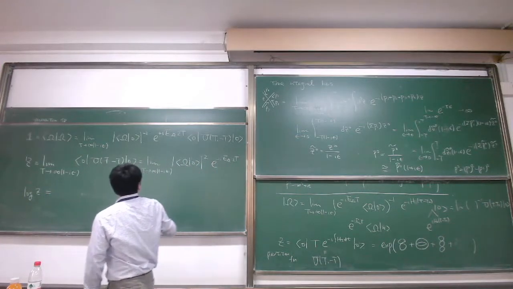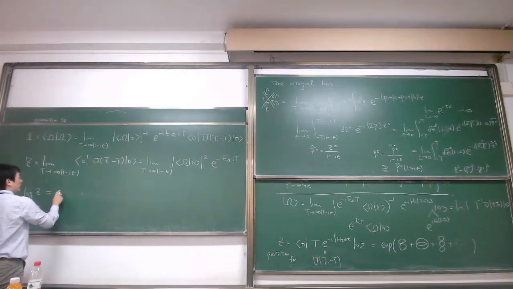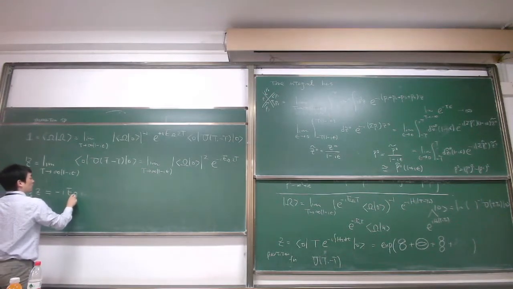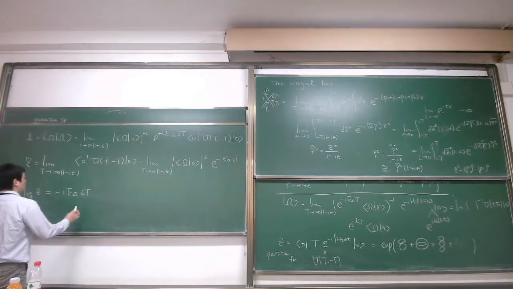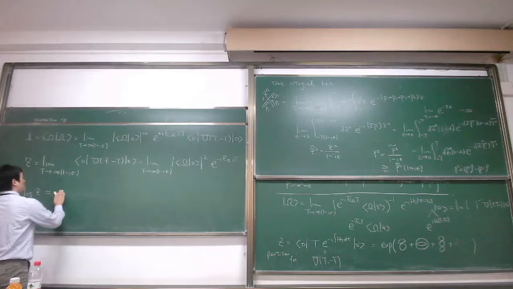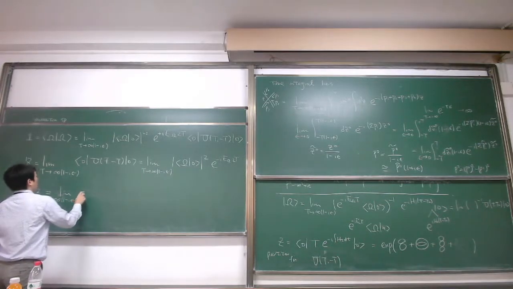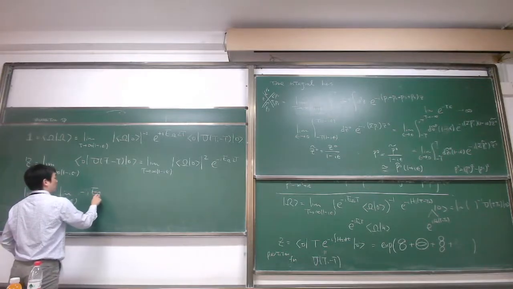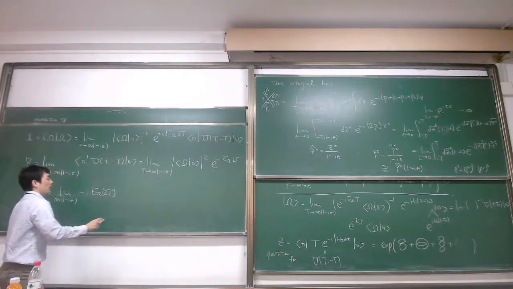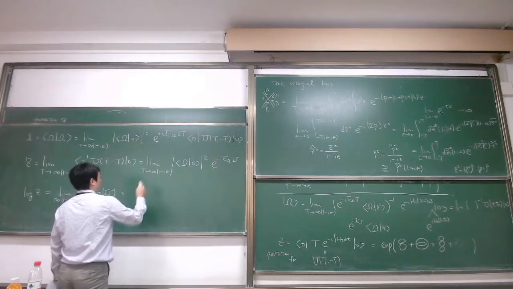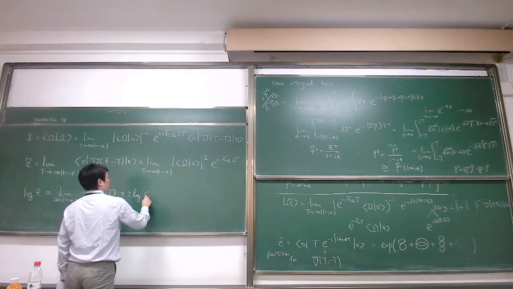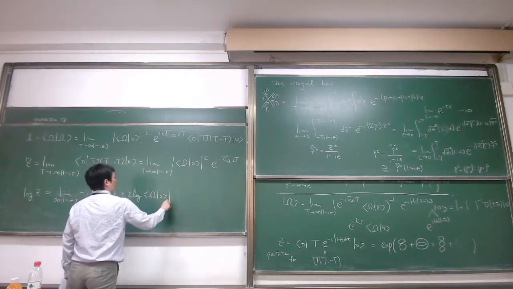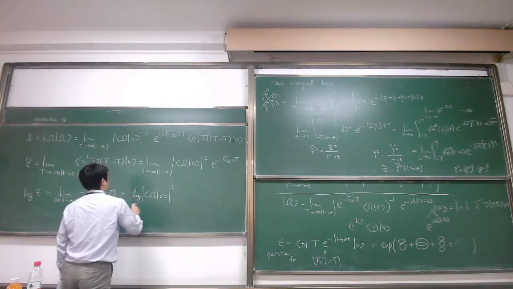And if you take this log, essentially what we get is minus i E omega times 2t plus the limit t goes to infinity of 1 minus i epsilon, minus i E omega times 2t plus whatever log 2, anyway, square term, and this is finite.